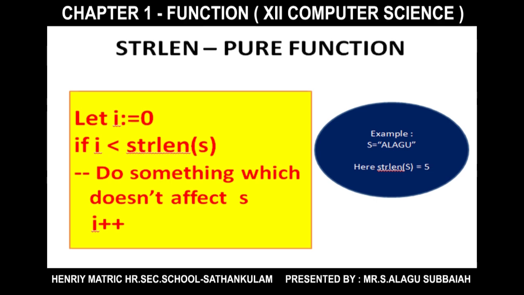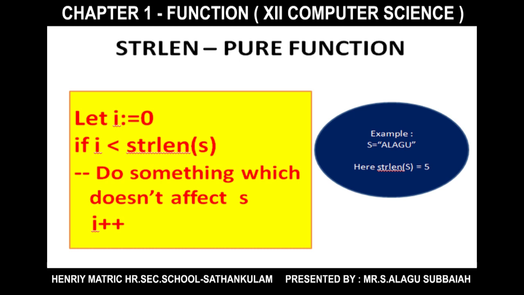If we calculate strlen of s again and again, the value will not change, it is the fixed one. So the compiler directly compares the i value with strlen of s. Further, it does not compute strlen of s.